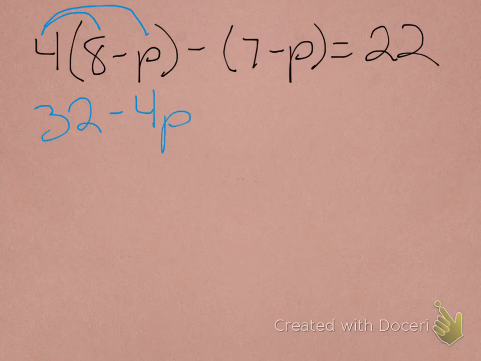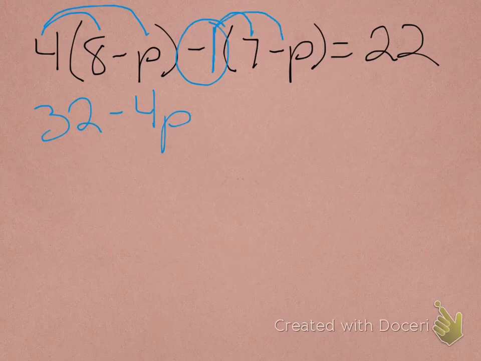However, a common mistake is just to simply subtract and forget about the second set of parentheses altogether. However, keep in mind, even though there's not a number there, there's an imaginary 1 sitting directly in front of the parentheses. So it's almost as if we are taking a -1 and distributing that -1 with the 7 as well as the minus p.